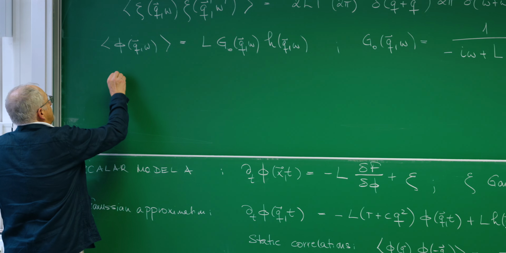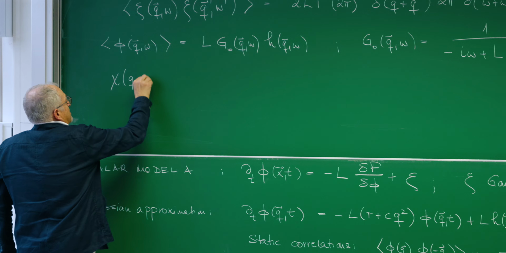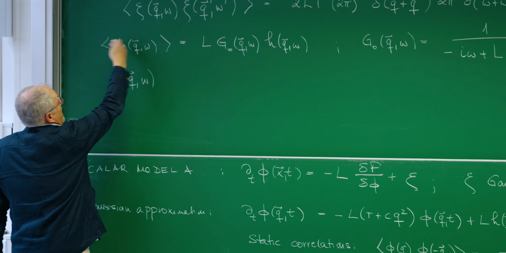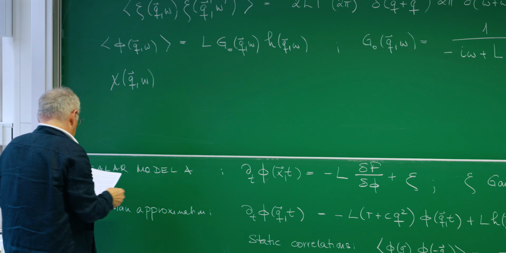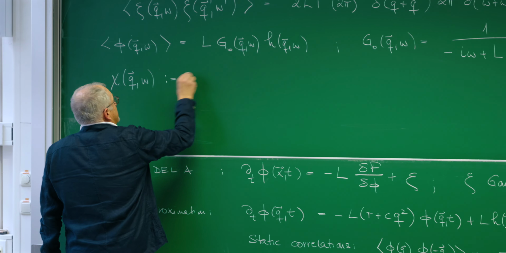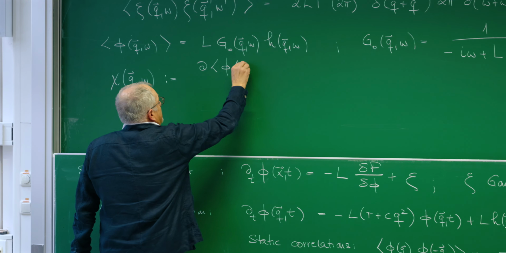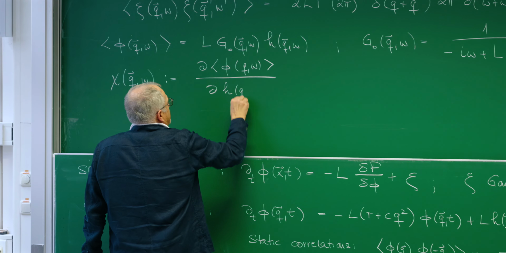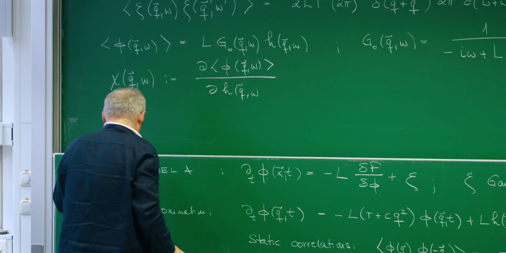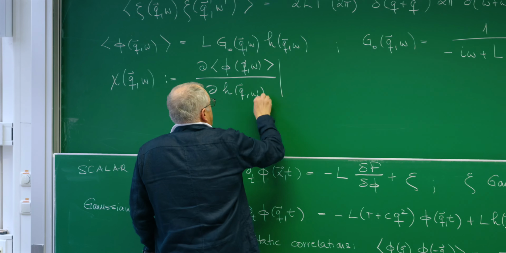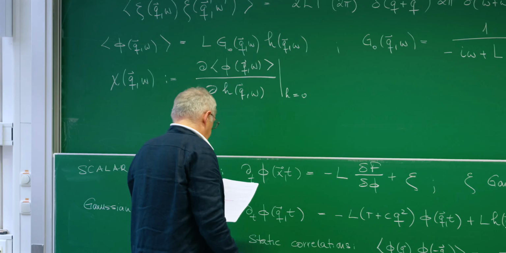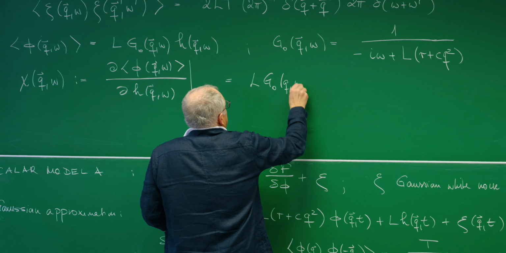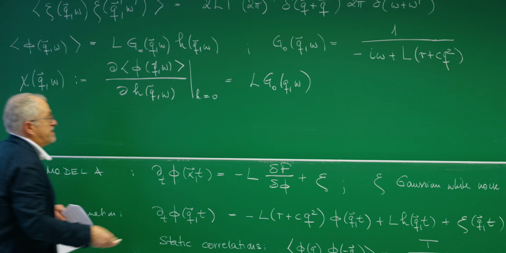The linear response function, chi, of its arguments is defined as the response of the average field to the external field. So by definition, it is d phi with respect to dh at external field equal to 0, and that is L times G naught of q and omega.